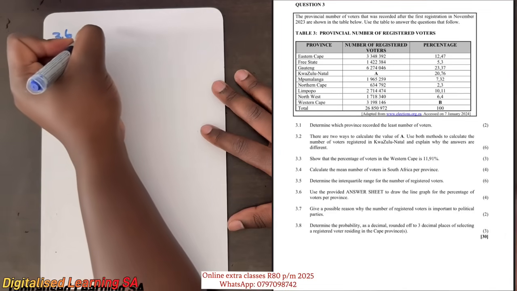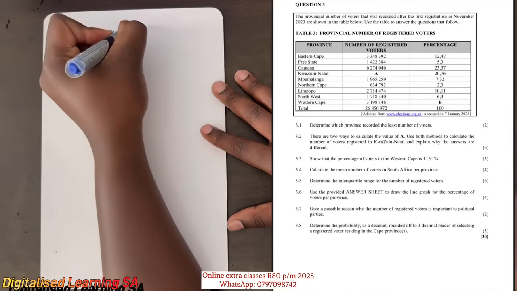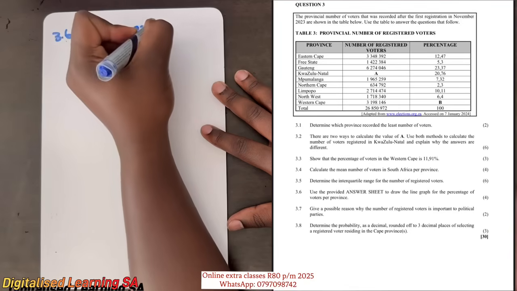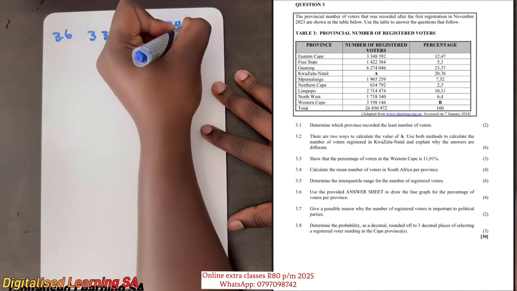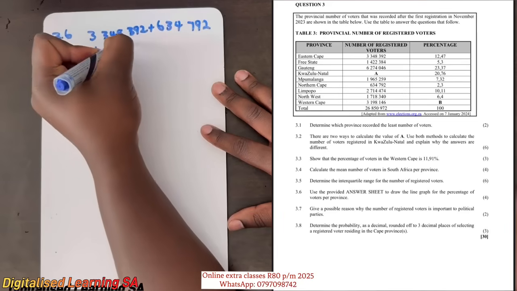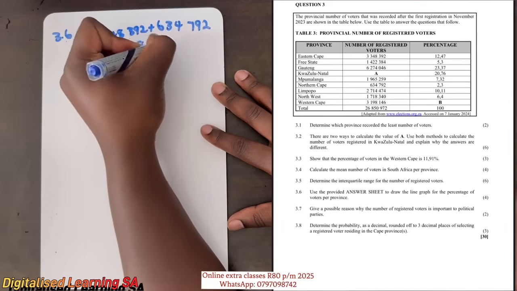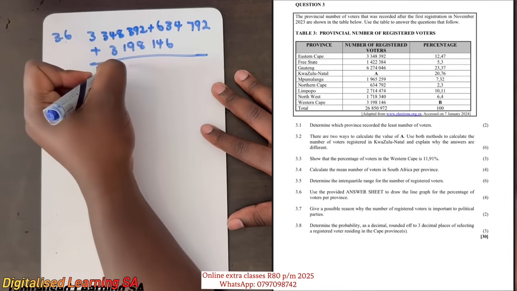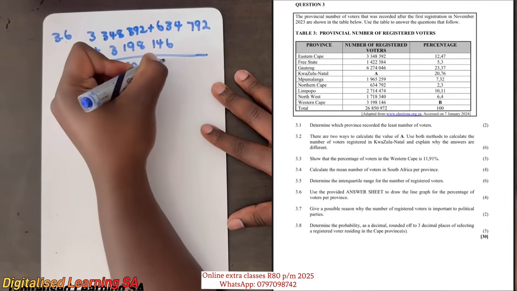So Western Cape is 3,348,392 plus 634,792 plus 3,198,146. Divide by the total, and the total is 26,850,972.